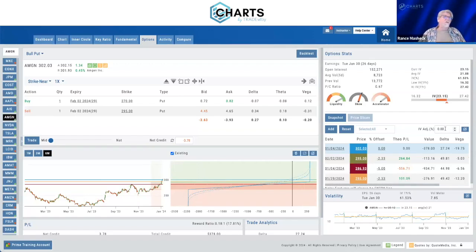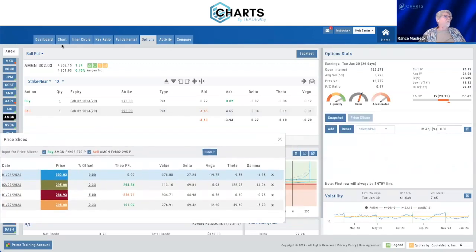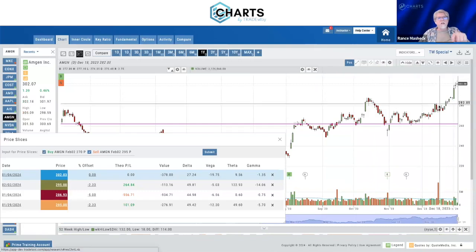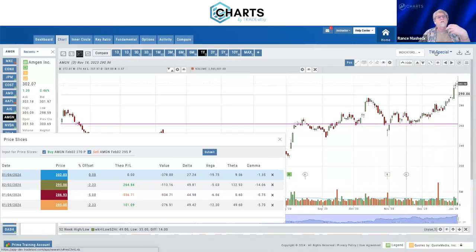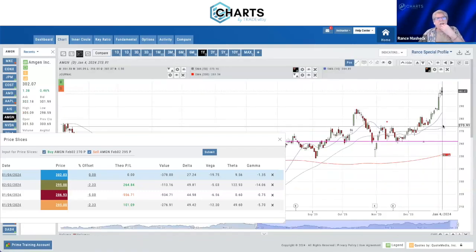You can also adjust volatility up or down. If you think it's coming in earnings and volatility is going to go up, you can adjust that here too. The other thing you can do here is this little go big button will break that off. Now we set it up so that I can go over to my chart. I can go look at numbers on my chart where I have additional technical analysis going on, where I have different indicators and different things that I can look at.